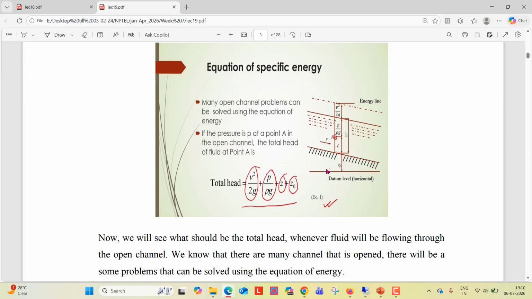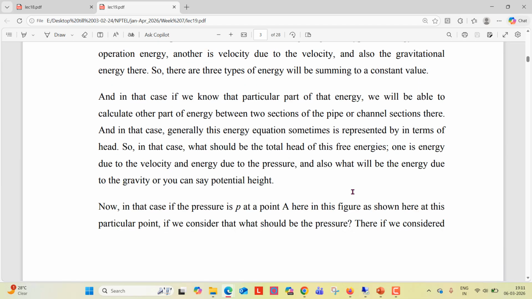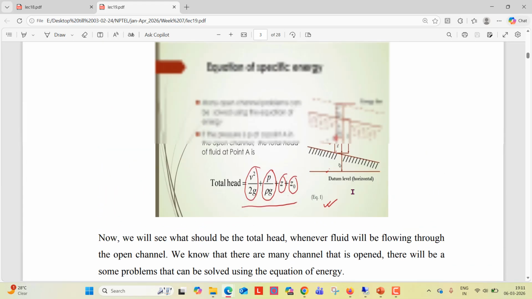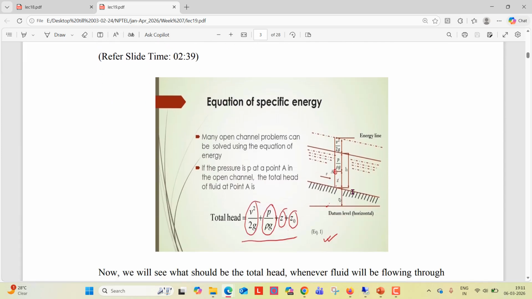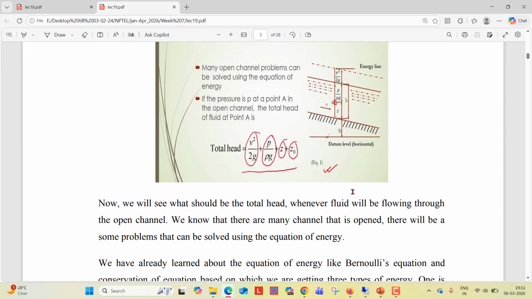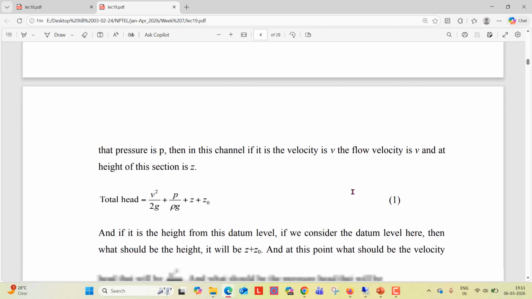Then we got the static head, or sometimes it was already given, right? And here is the datum level distance. So this is how you calculate the total head, if you remember the last class. And if you don't, please go back to the previous lecture. Last week I taught it, and it is online on YouTube.